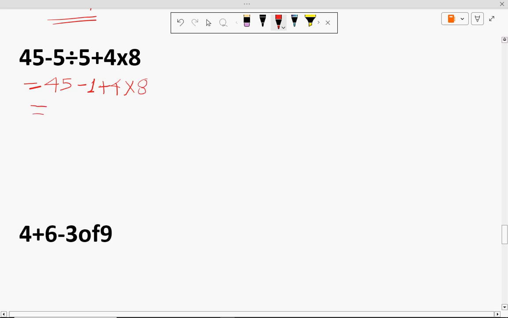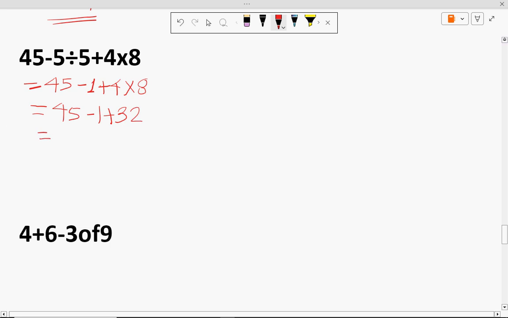Now in this step we have multiplication as the highest order of operation. So we'll write 45 as it is, minus 1 plus 32. 4 into 8, 32.